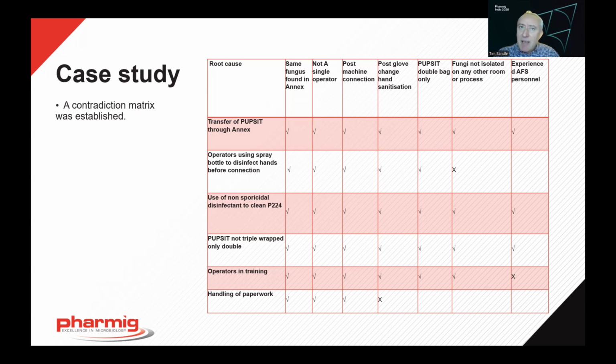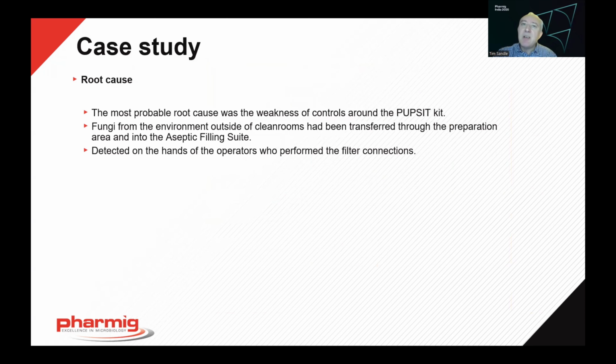And in this particular case, remember this is just an example, there were weaknesses of controls around the PUPSIT kits. The way that these were delivered from a supplier had the opportunity for fungi to be present on the outer wrapping.